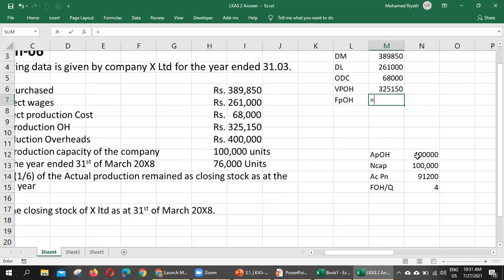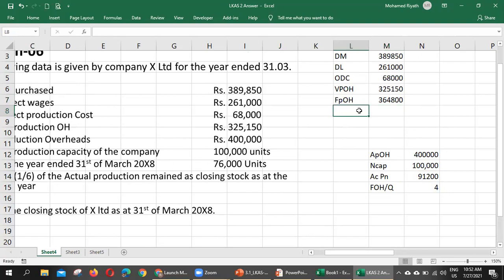Very good. So per unit is 4 into actual production, 91,200. How much is this? 364,800.